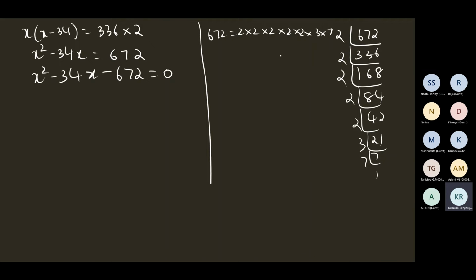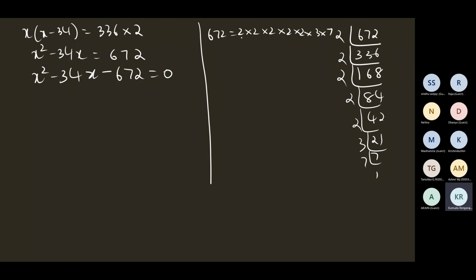So now you'll have to use all these numbers and get two numbers so that the sum is 34. Just make different combinations.